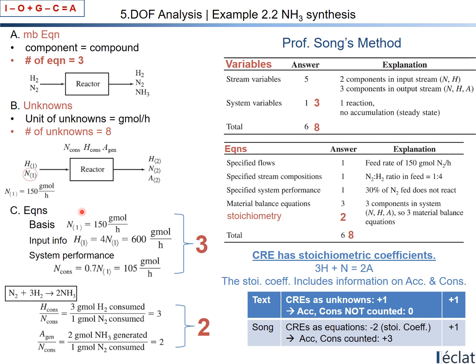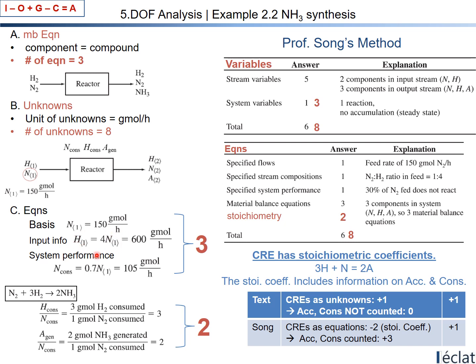The first candidate for the additional equations or restrictions should be the basis. So N1, this one, is equal to 150 gram mole per hour. And then also for the input stream specification, we know that the hydrogen amount is 4 times the nitrogen amount.